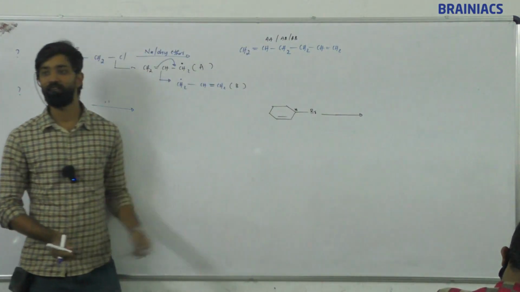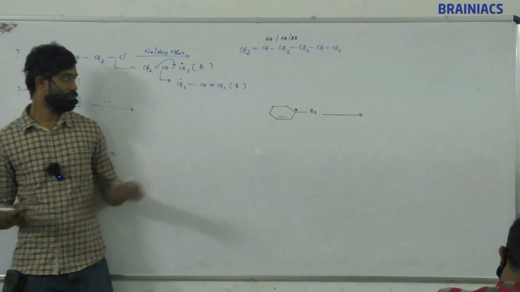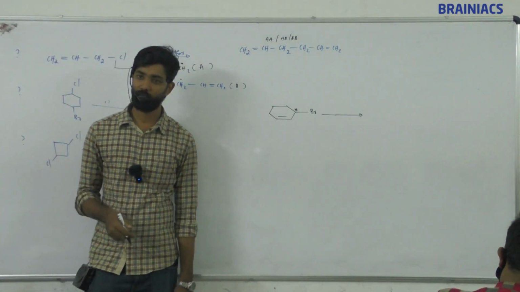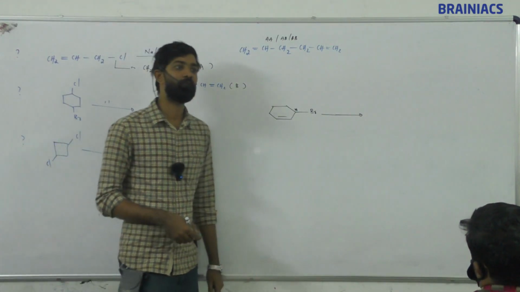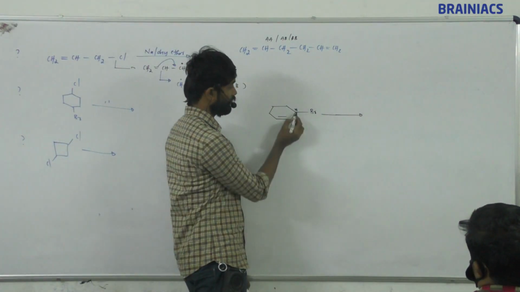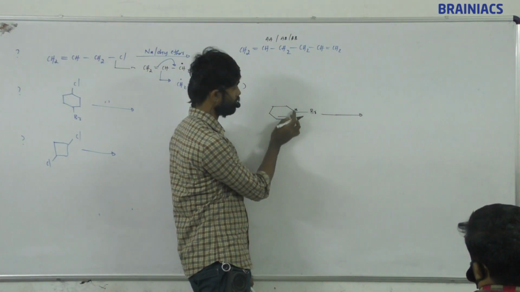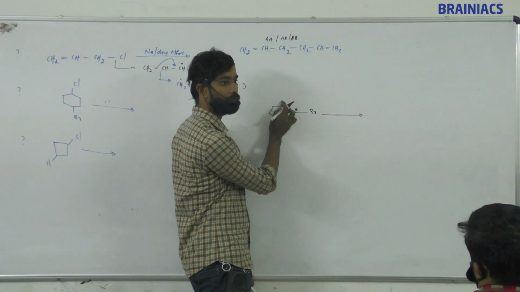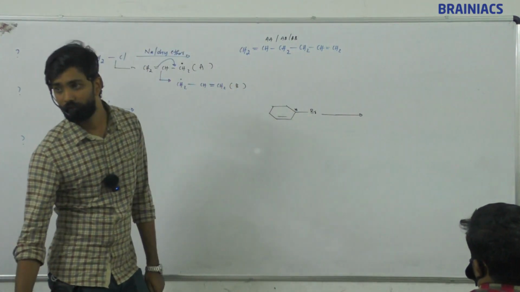What about the chance here? So there is an identification mark, possibly a chiral carbon, whatever it may be. This is a chiral carbon. How does it become a chiral carbon? What are the valencies? Bromine, hydrogen, towards the left CH2, to the right C double bond. All are different.